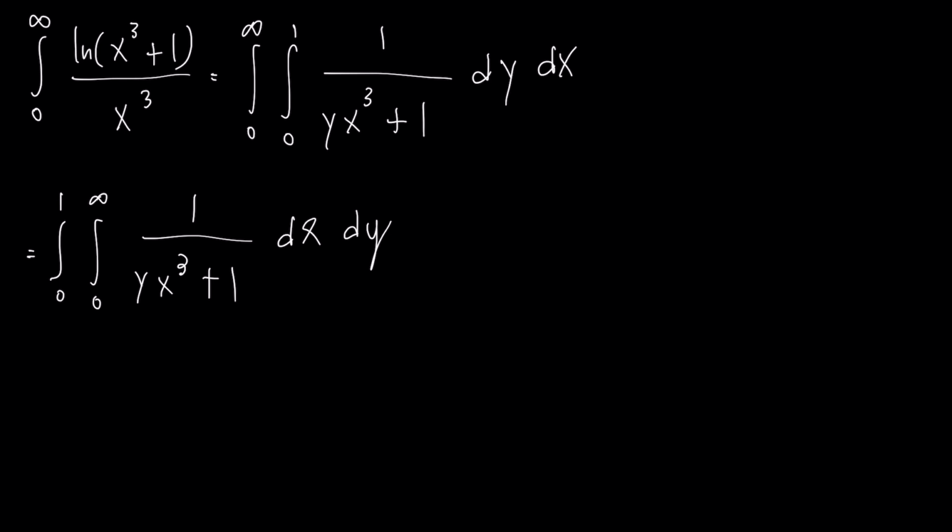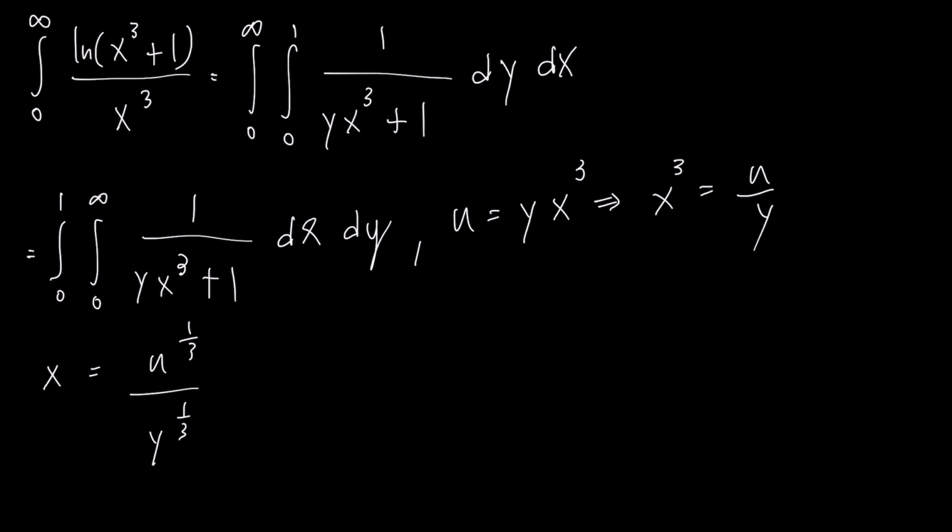And from here we can make a substitution. We'll let u equal yx cubed, and we'll solve for x. So x cubed equals u over y, which means that x equals u to the 1/3 divided by y to the 1/3, which means that dx equals 1 over y to the 1/3 times the derivative of u to the 1/3.